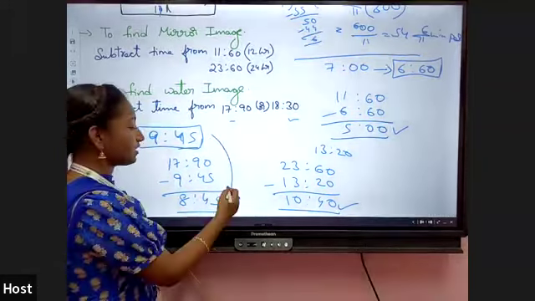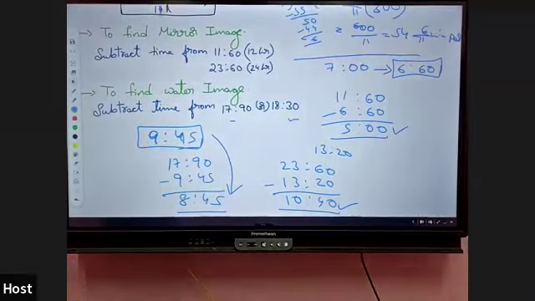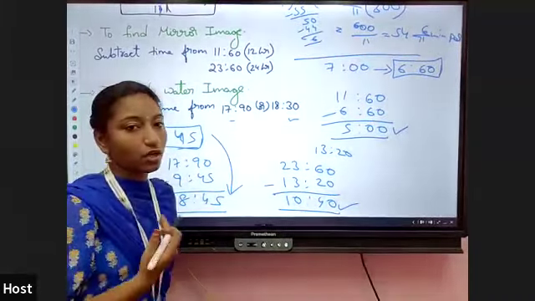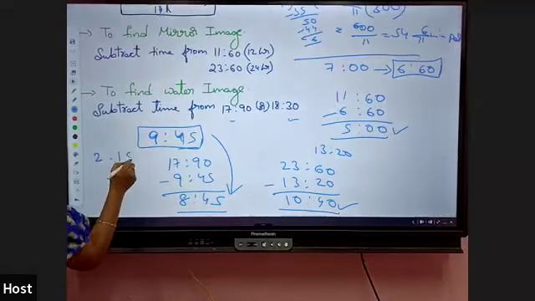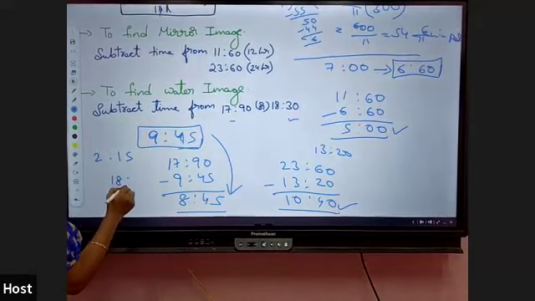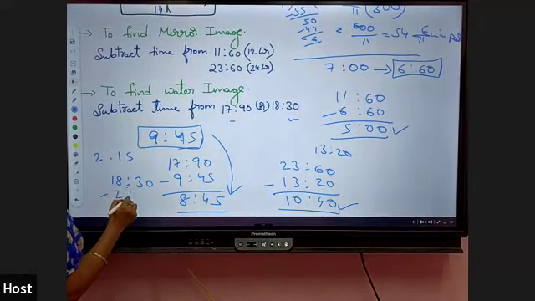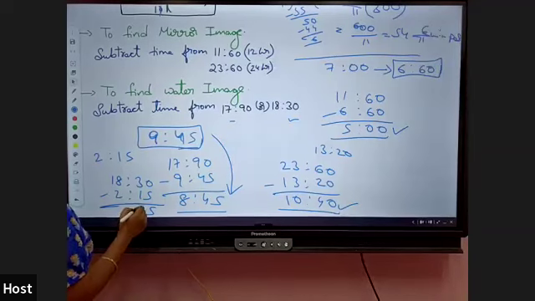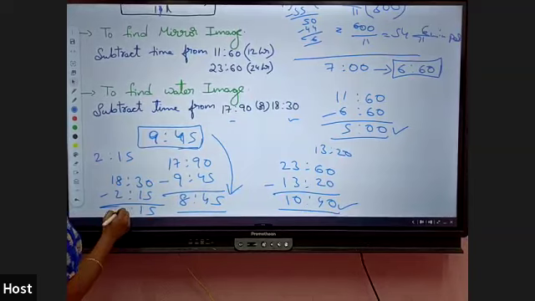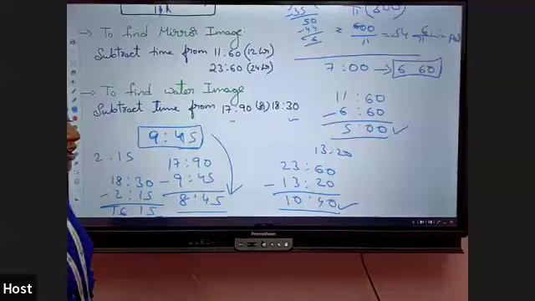The water image for 9:45 is 8:45. So like this, we should solve water images. For example, they give 2:15. So we should subtract from 18:30 minus 2:15. So 16:15 is the answer.